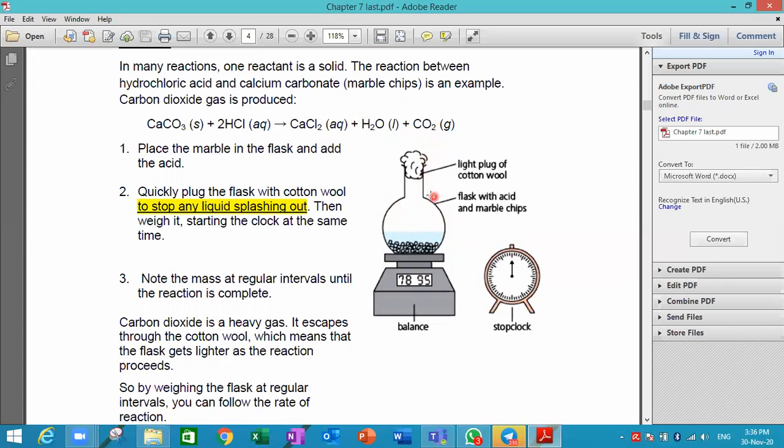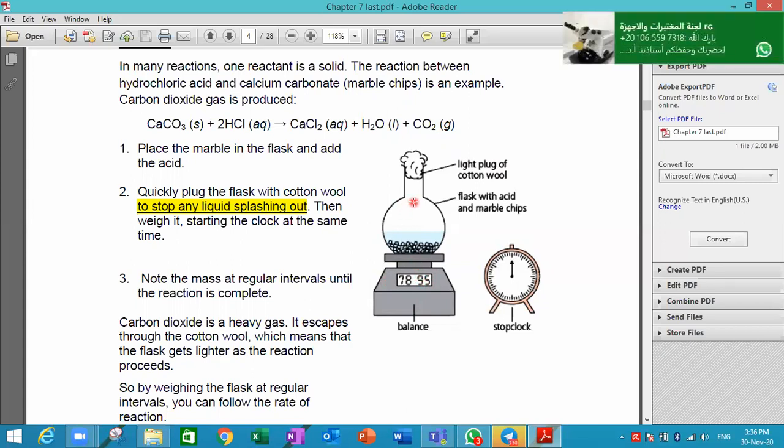Of course, carbon dioxide is a heavy gas. So it means that with time we will see that there is a considerable mass that has been lost. If in our reaction we had hydrogen gas, then maybe we would not see the effect, because hydrogen gas is a light gas.